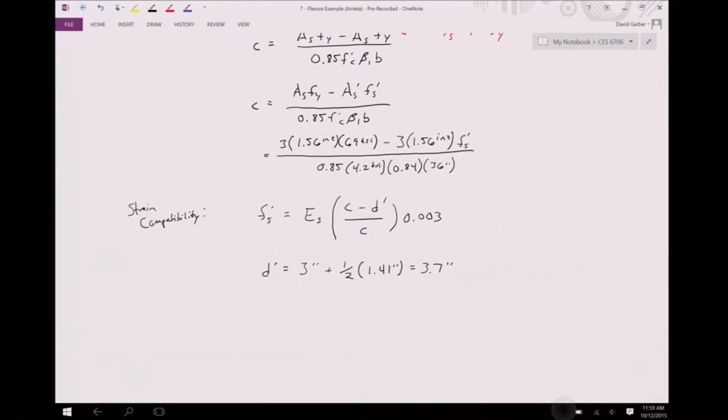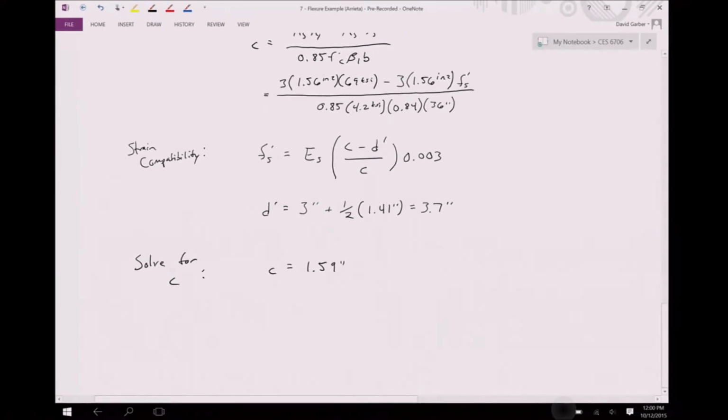So then we can use this and solve for c. Using the above expressions, we can find our c to be 1.59. You can either do an iterative procedure to find at what point these two equations equilibrate, or you can plug in your fs' above and just solve for c using a quadratic.